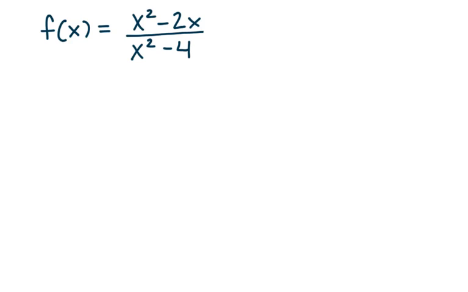So I have another example for us here. This one is not written in factored form. So the first thing we do is we always want to consider our rational functions as factors, right? So in the numerator, I can factor out a GCF of x, which leaves me with x minus 2.